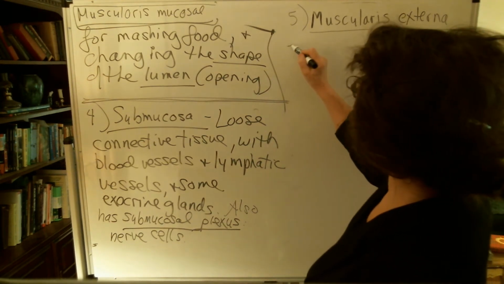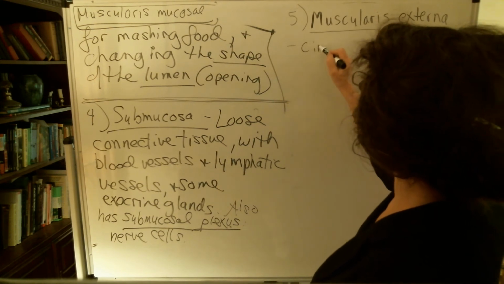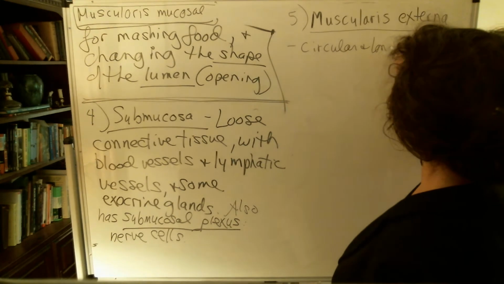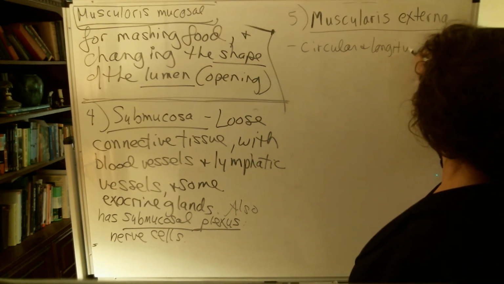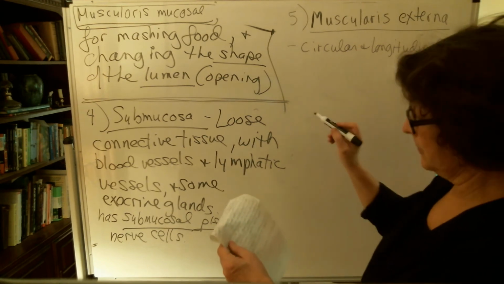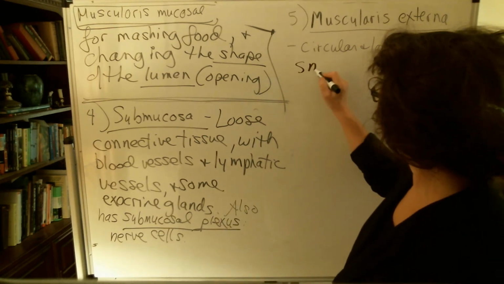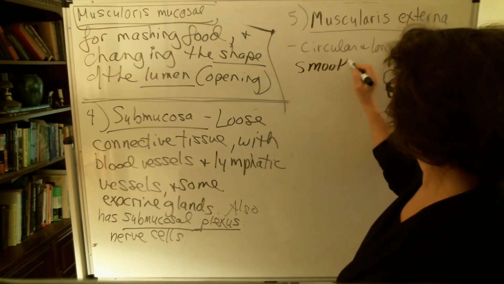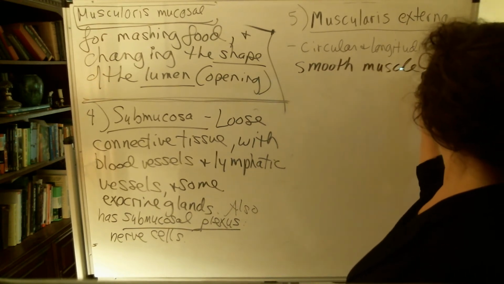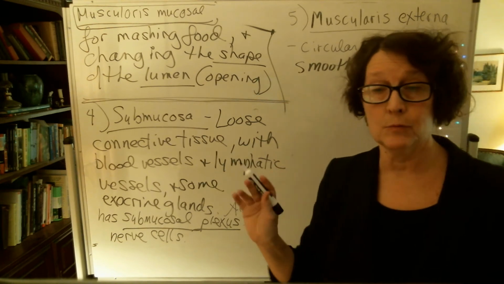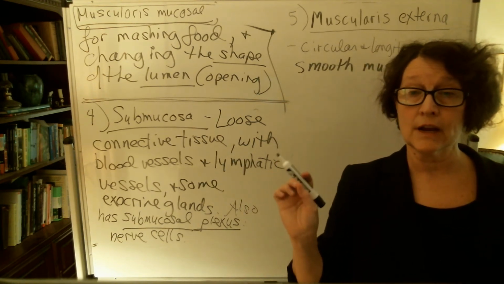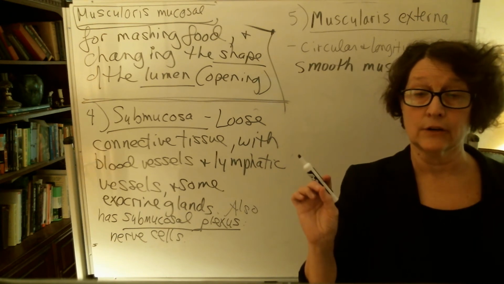And again, here we have both circular and longitudinal smooth muscle. You remember smooth muscle. Smooth muscle is the muscle that is capable of long sustained contractions, and it is not under voluntary control.